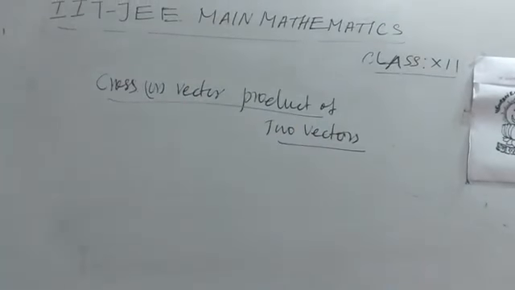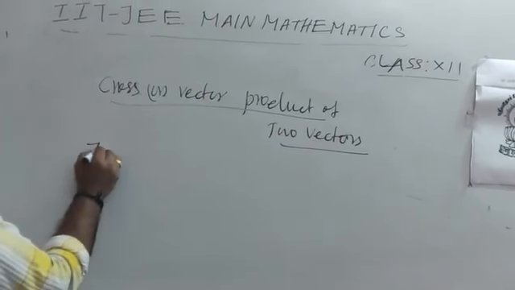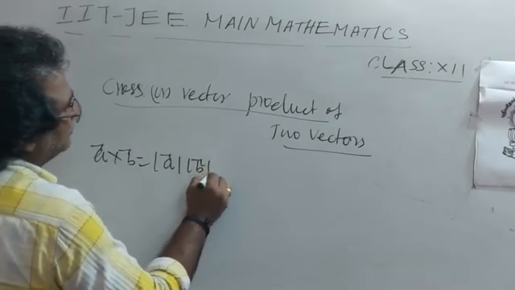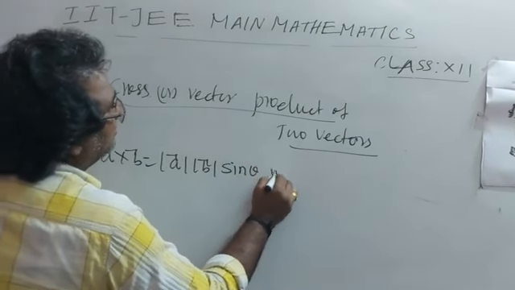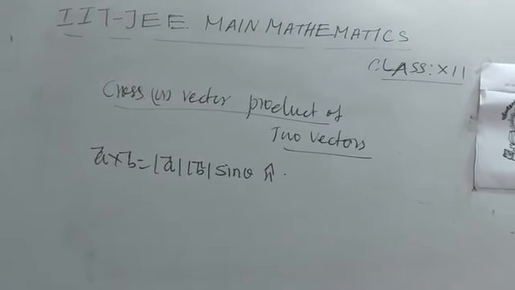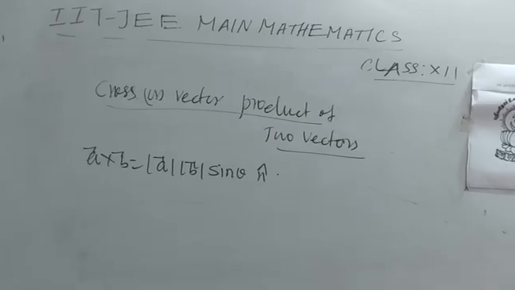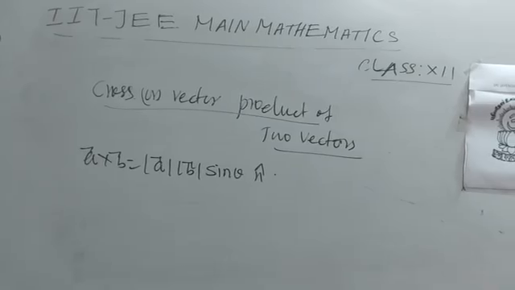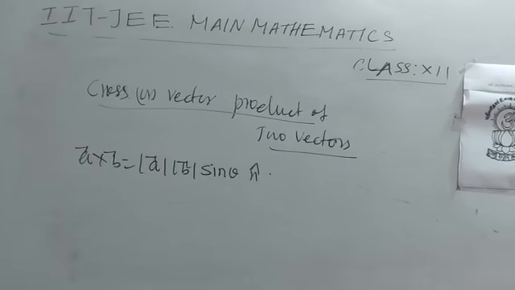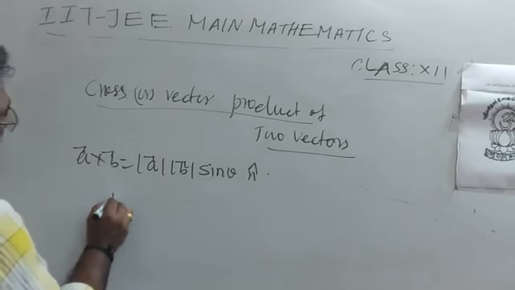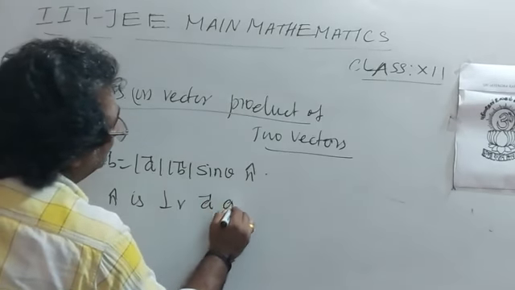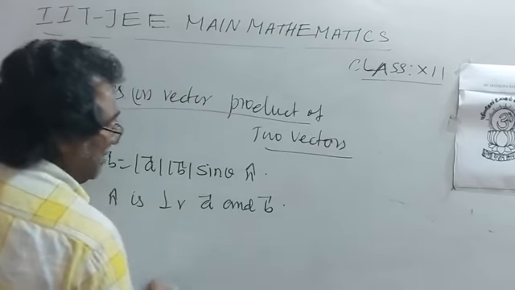Cross or vector product of two vectors. A vector cross B vector equal to modulus A vector modulus B vector sin theta n cap. That's the formula. n cap is perpendicular to A vector and B vector.